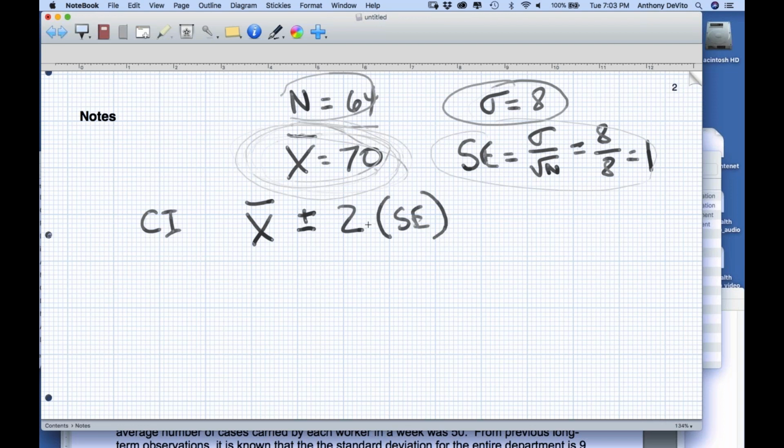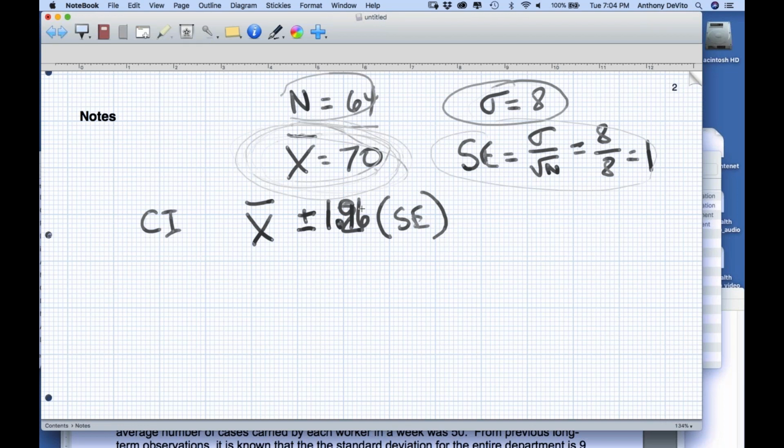Now, I use 2 because in my head, I know from the empirical rule that 95% of the results are within 2 standard deviations. But we've talked about this before: the real value that represents 95% is 1.96 standard deviations below the mean and 1.96 standard deviations above the mean.